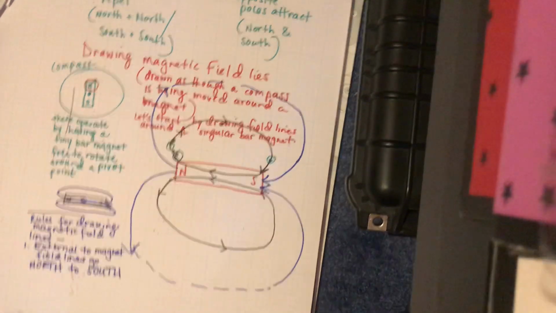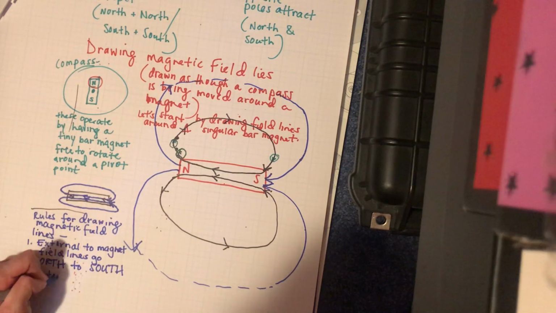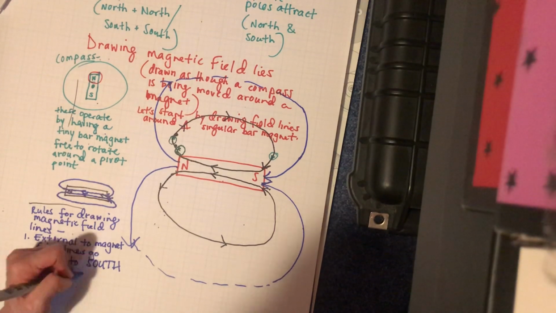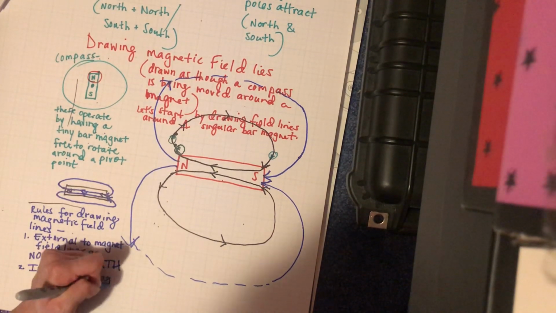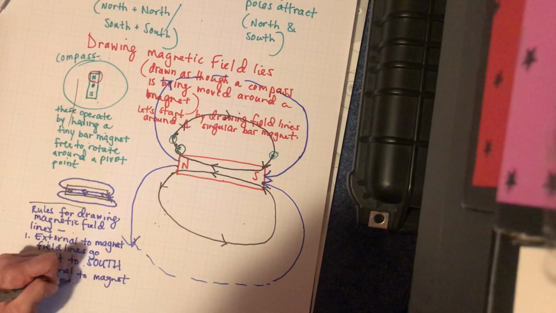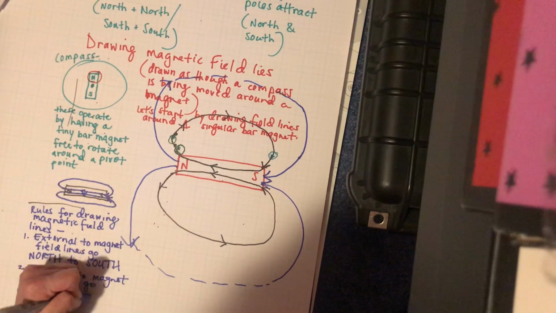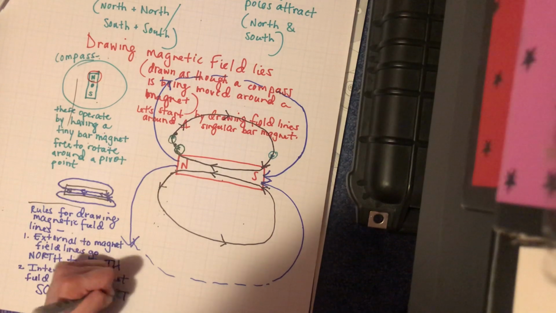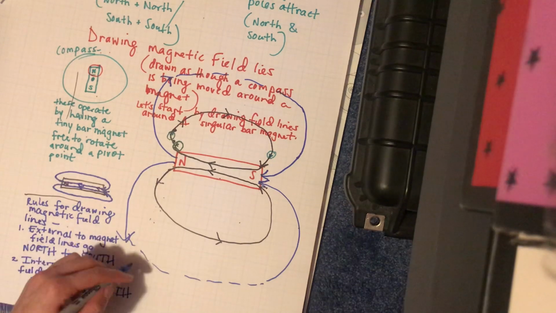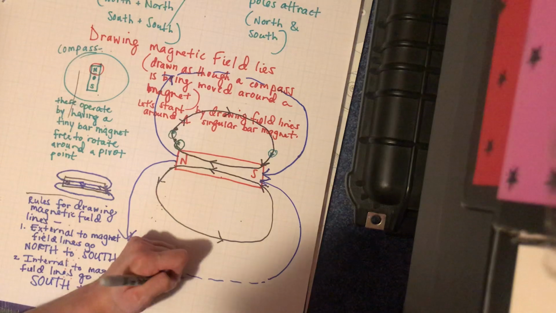However, internal to the magnet, the field lines go south to north. And that is because we need to always complete our loops, which is going to be our third rule. And our third rule that I'm just going to write down here is that magnetic field lines always form closed loops.